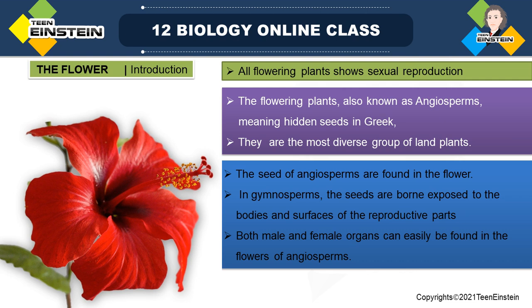Pre-fertilization means prior to fertilization, when the organism is getting ready. Fertilization is the process of fusion of gametes. Post-fertilization means what takes place after fertilization. So sexual reproduction is categorized into several events: pre-fertilization, fertilization and post-fertilization.